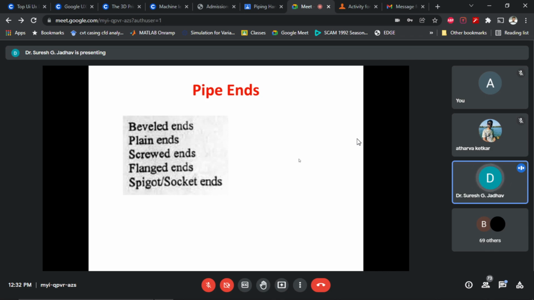And next is buttress ends. Buttress ends are used in glass piping and are joined by bolting with the use of a backing flange. We can connect the pipes with the help of buttress ends.